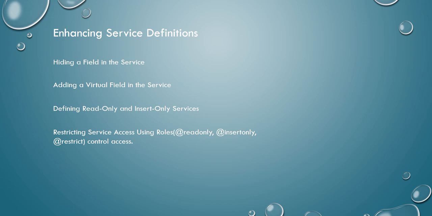In my previous video, if you remember, in domain modeling we can maintain the authorizations by using @restrict and @requires. So we can control the access at the entity level. Instead of that, if you want to control through the service level, I mean no need to maintain the authorizations at the entity level, directly you can maintain the authorizations at the service level also. This is the main advantage in CAPM.